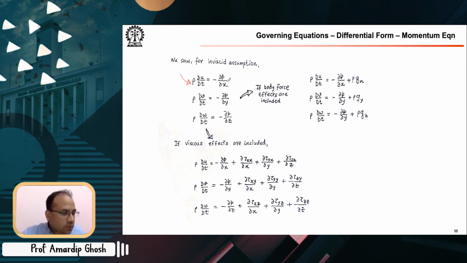Viscous forces meaning forces generated due to viscosity. Now, if body forces were included, then of course some of these terms would come into the free body diagram. So you draw the free body diagram, you insert the components of the effect of body force, and then these equations will fall out.